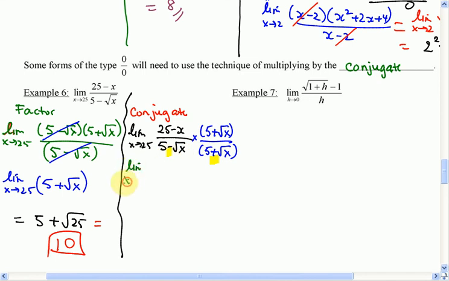Doing this now, limit as x approaches 25. I'm going to actually not multiply out the numerator, and you'll see why in a second. But I will ask you to multiply out the denominator. And this is a minus b, a plus b, so hopefully you remember that the middle terms disappear because they cancel each other out.